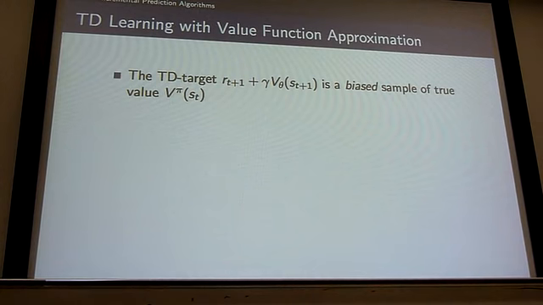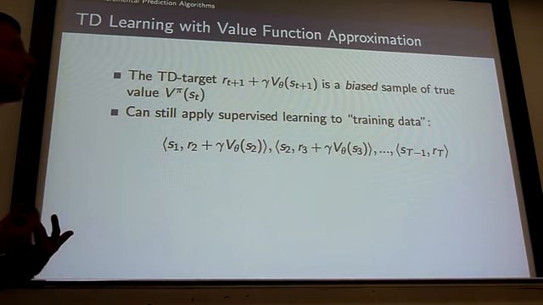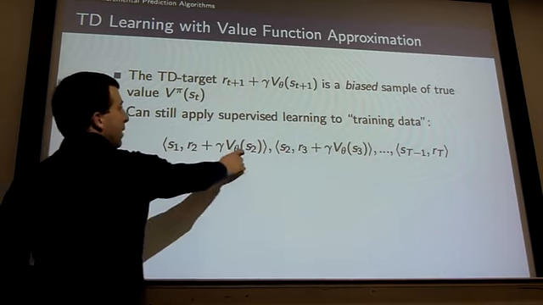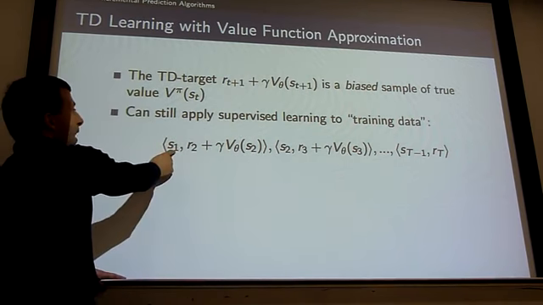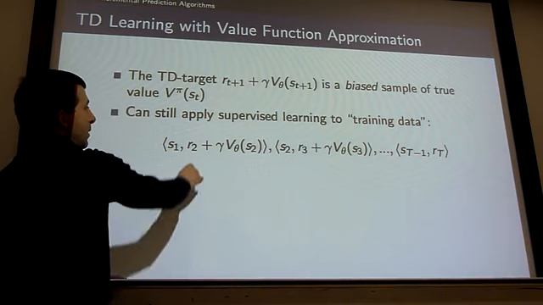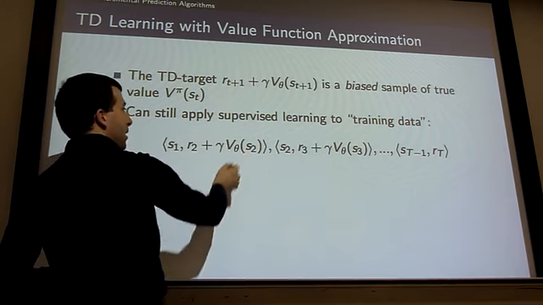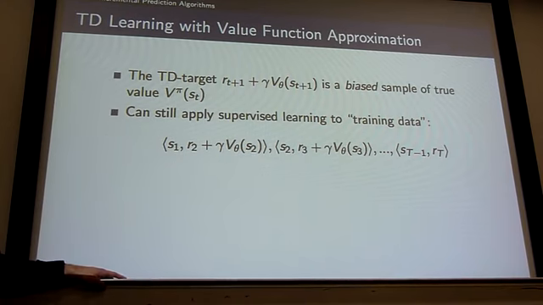So what happens if we plug that into our gradient descent-like idea? Well, we can still think of this as something a little bit like supervised learning. From each state, we basically end up with a target, and the target is just our TD target. So if you're in state S1, you end up getting a one-step reward of R2, and then ending up in state S2 with a value of S2 according to your function approximator.